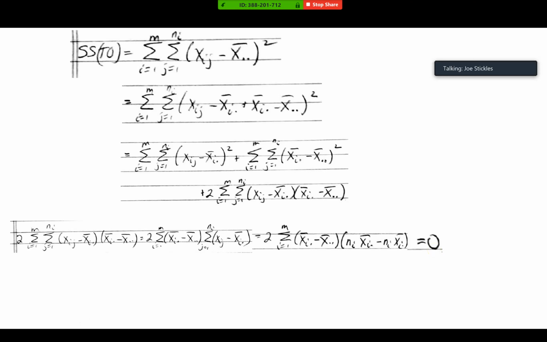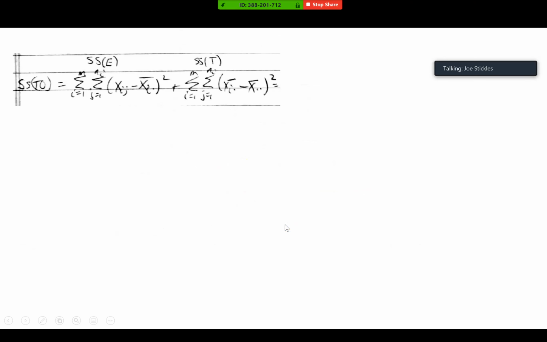This shouldn't be a huge surprise because you've seen this idea before when we've multiplied out things like this with squares and added up individual deviations. They tend to add up to 0, and that's exactly what happens in this case as well. All right, so what we have is that our total sum of squares is made up of two particular double sums. The first one's your error sum of squares. Your second one is what's referred to as SST. It's what's referred to as the between treatment sum of squares.